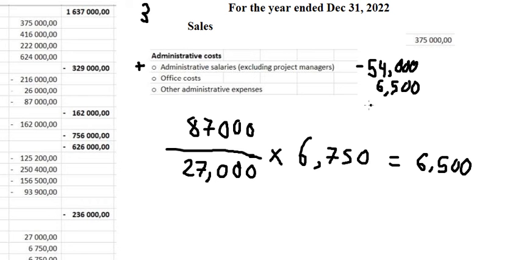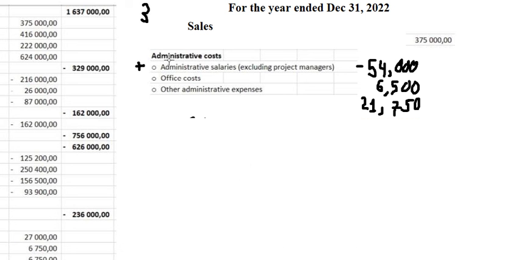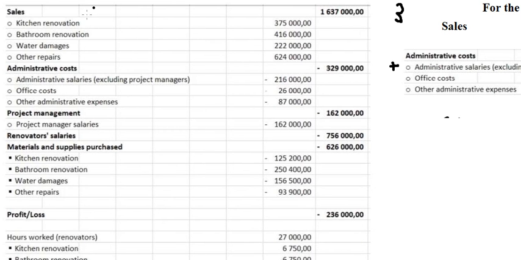And we have 21,750. So we can find the total administrative costs. So that should be negative 82,250.